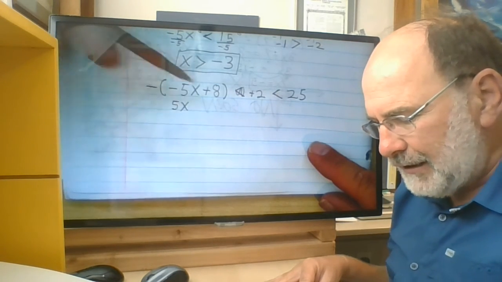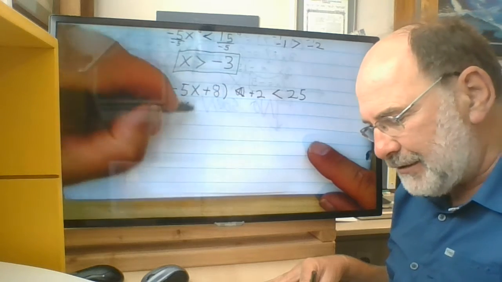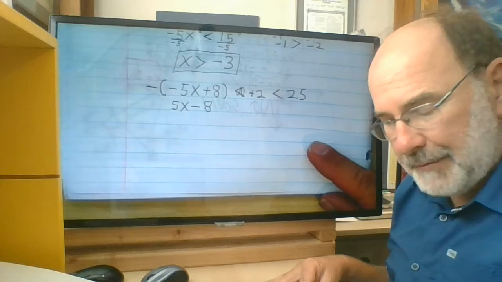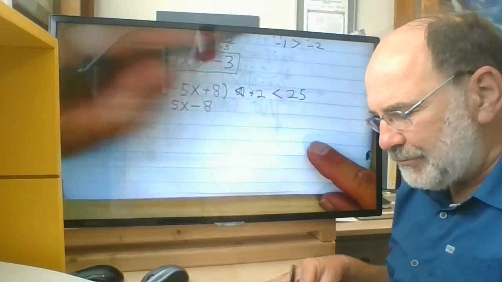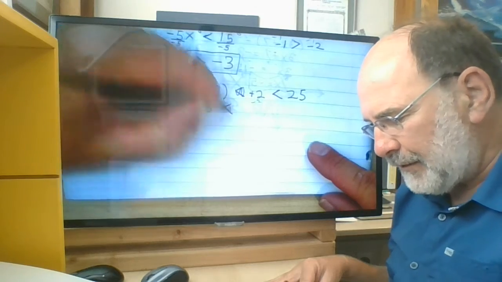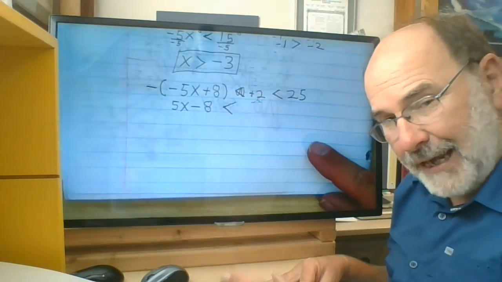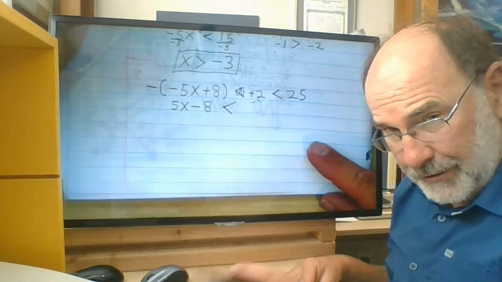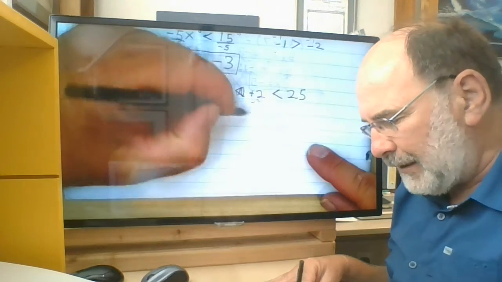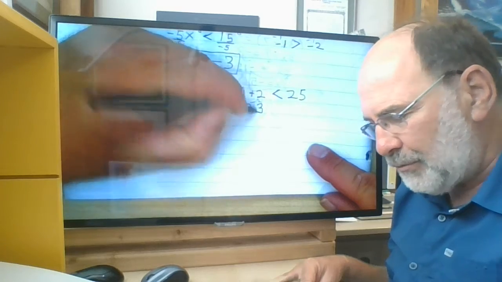A negative times plus 8 makes it minus 8. The second step I'm doing right away is I'm going to subtract 2 from both sides, just like before. Because I'm subtracting or adding, that doesn't change the orientation of the inequality. So it's still less than, and this still becomes 23.